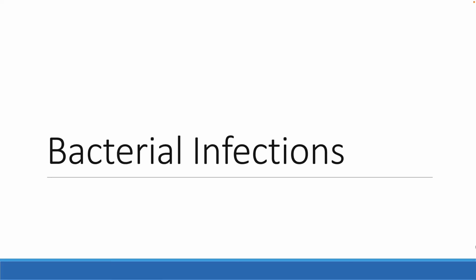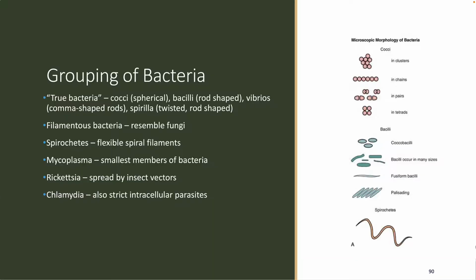Let's start with bacterial infections. Among the things that we see most often clinically, the true bacteria are the ones that are spherically shaped, or the cocci, and rod-shaped, or the bacilli. But there's also other shapes too, and we have some of these that have filaments that make them look like fungi.